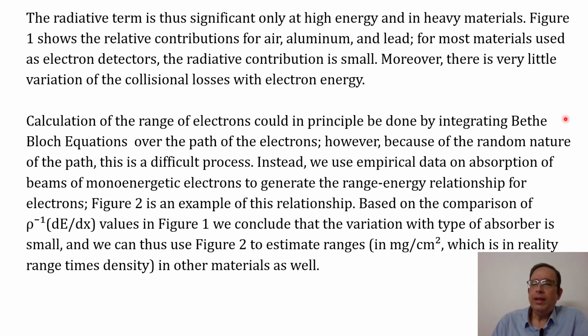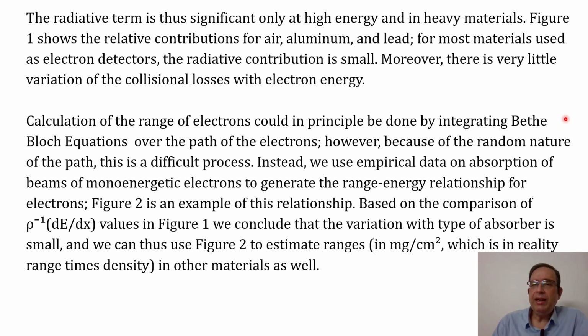So from this you get the idea that the range of electrons or beta rays for a particular energy for any material can be calculated by finding out the range of electrons for the same energy in air or aluminium, and then multiplying that range with the new density of the material that we are talking about.